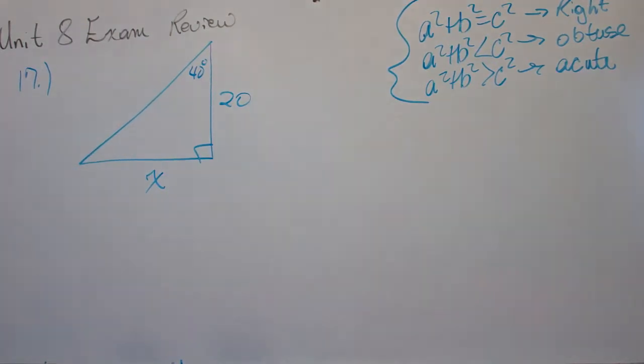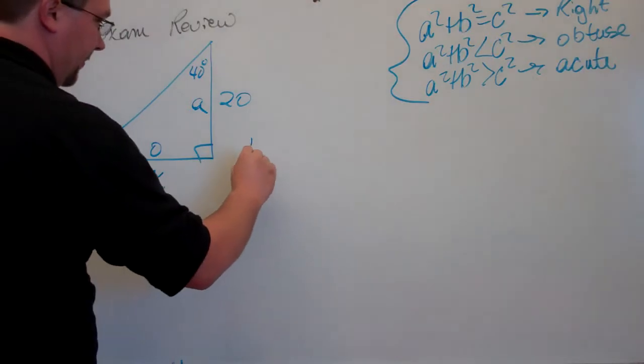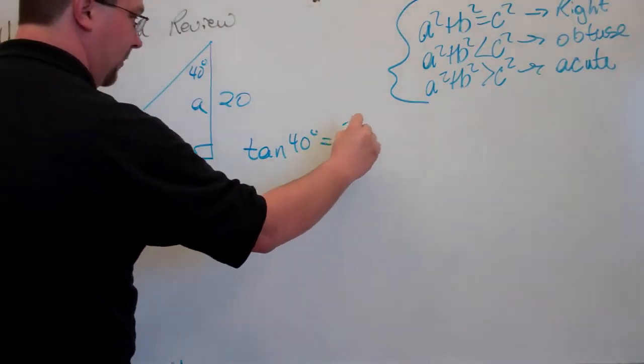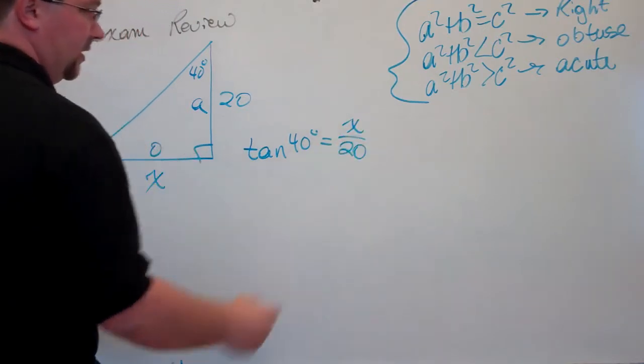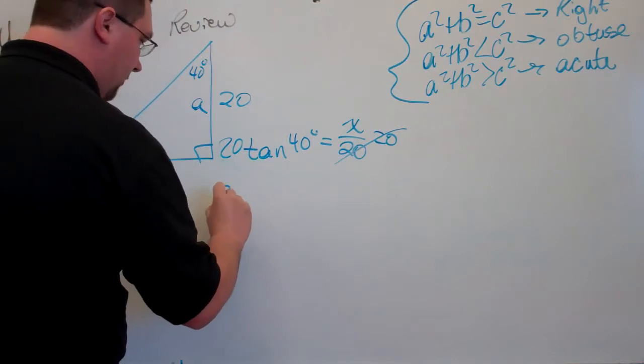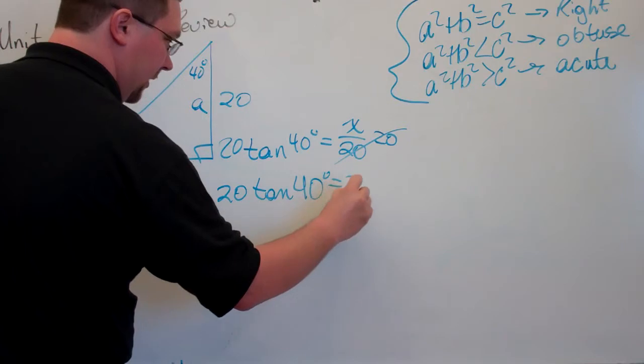In comparison to the 40, this is the opposite side, this is the adjacent side. So we're going to use tangent. The tangent of 40 degrees equals opposite over adjacent. Since our variable is in the top, we're going to multiply both sides by the bottom. So 20 times the tangent of 40 degrees equals x.